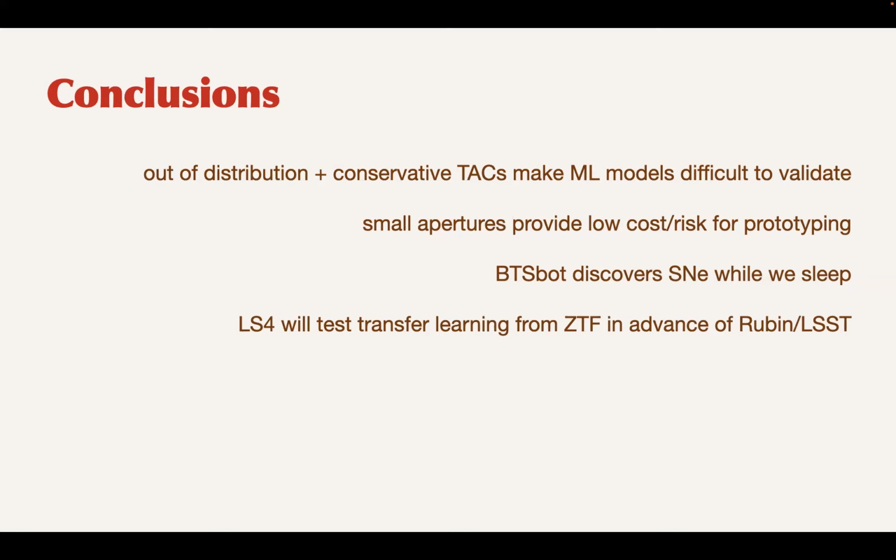So typically it's probably 1 to 2 nights is the full length of that process. I mentioned that TACs hate those of us that work on machine learning. This is not exactly a TAC, but we've been fairly conservative in the way that we assign priority to the spectroscopic targets that are requested from the BTS bot.